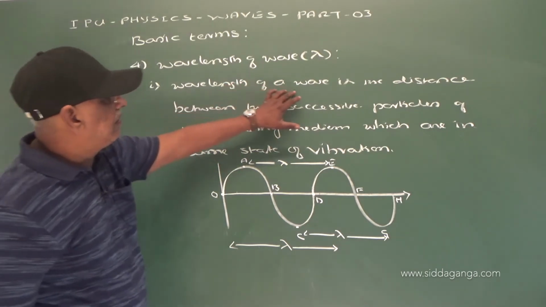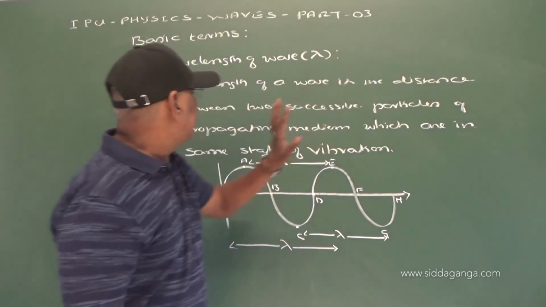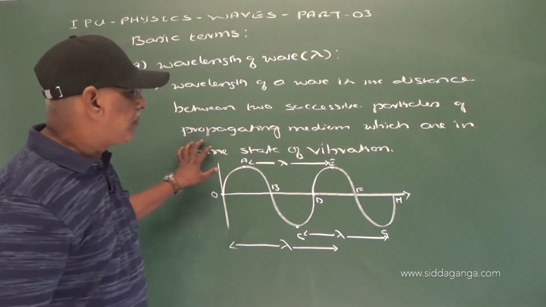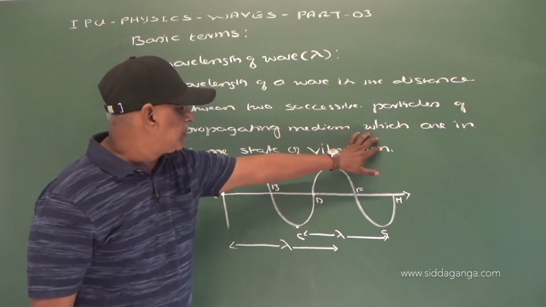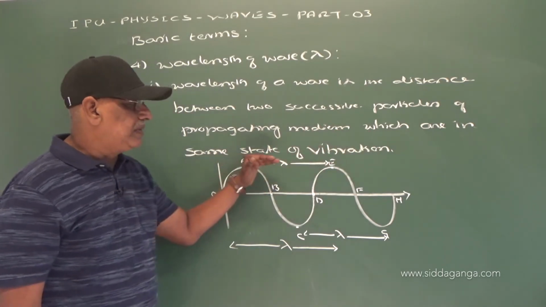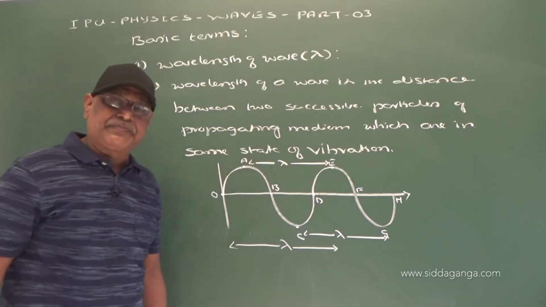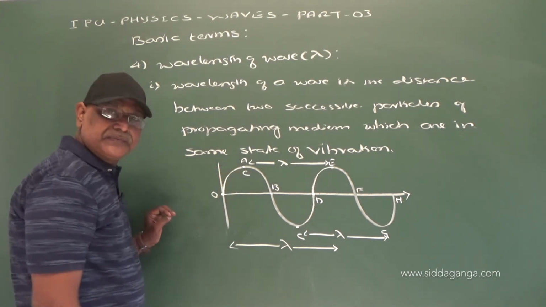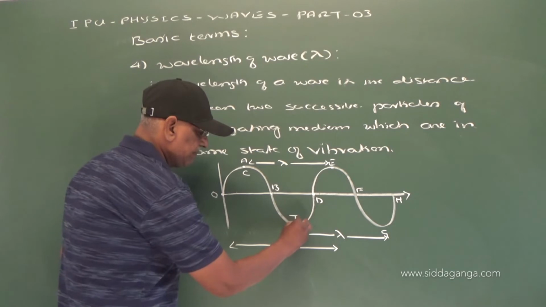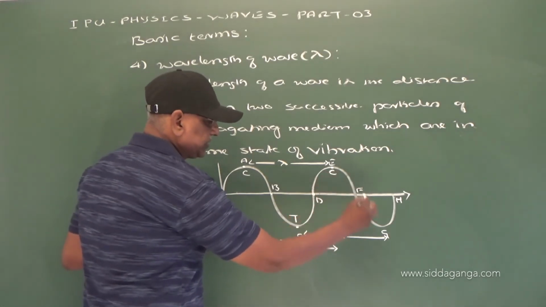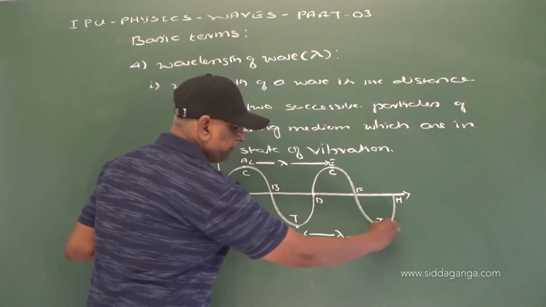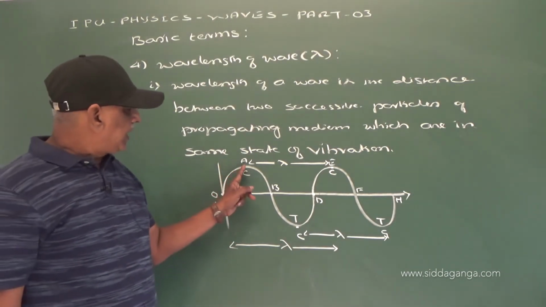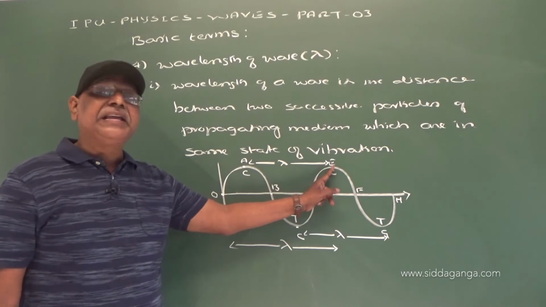So the wavelength of a wave is the distance between two successive particles of the propagating medium which are in the same state of vibration. Now see, this is a crest, this is a trough, this is a crest, this is a trough. What is the distance between A and E?